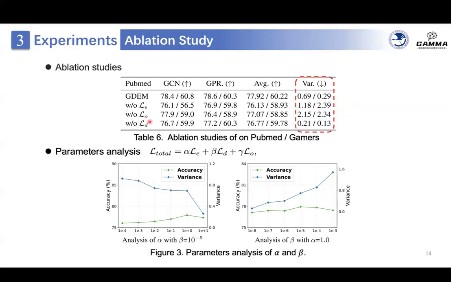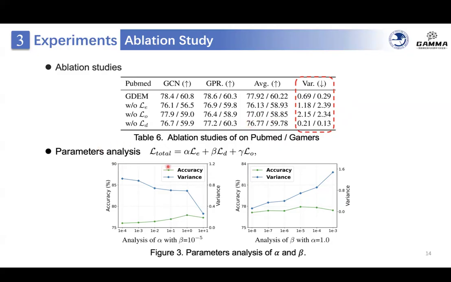On the other hand, the loss D, that is the discrimination constraint, slightly hurts the generalization. However, it improves the overall performance.